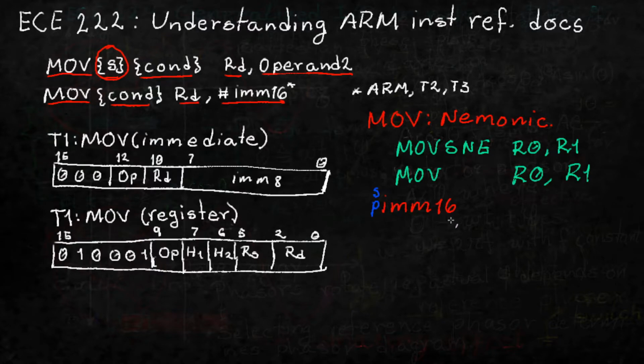What this means is that the value that you put in here is going to be codified within the instruction. So when the instruction is fetched from memory into the CPU, this number will come along with the instruction code.